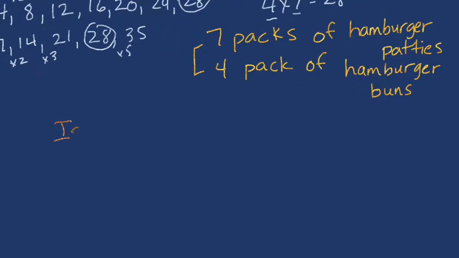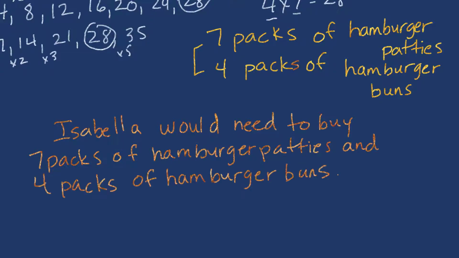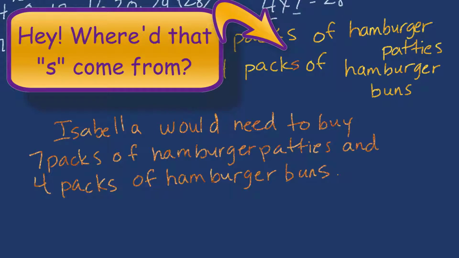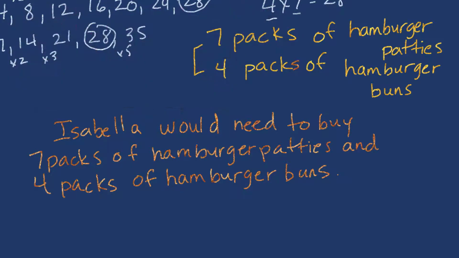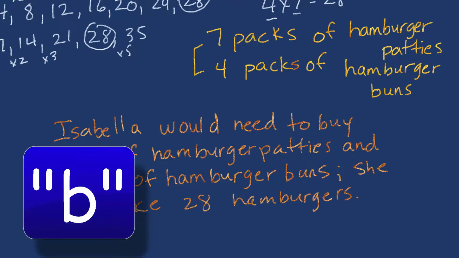Isabella would need to buy 7 packs of hamburger patties and 4 packs of hamburger buns. I think that pretty much covers the question. The question doesn't ask this, but one of the things we could say, since there's 28, is that Isabella could make 28 hamburgers based on that information. Woohoo!